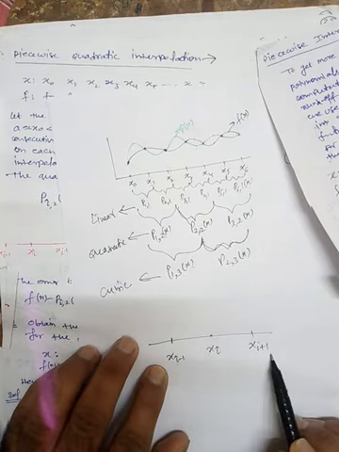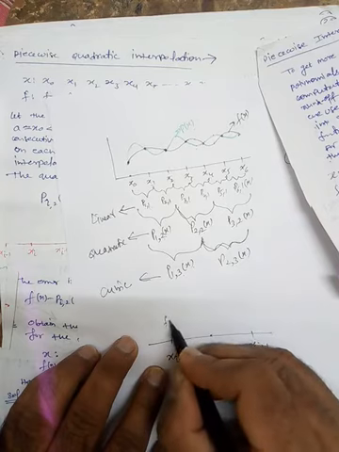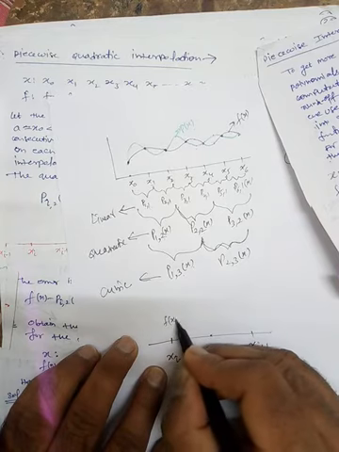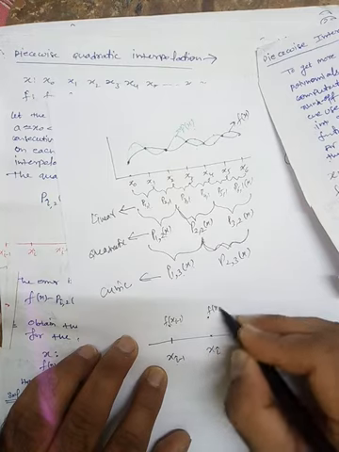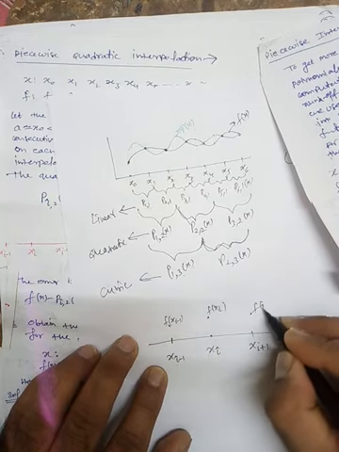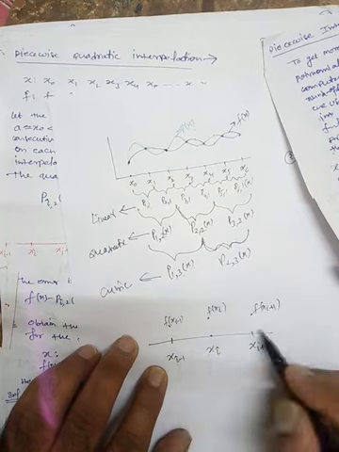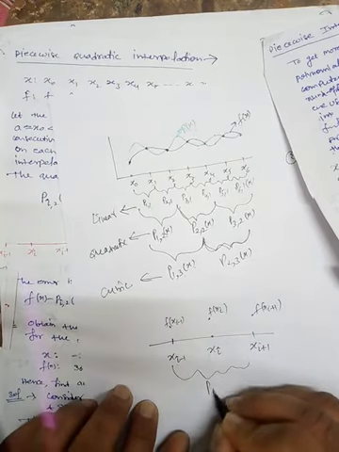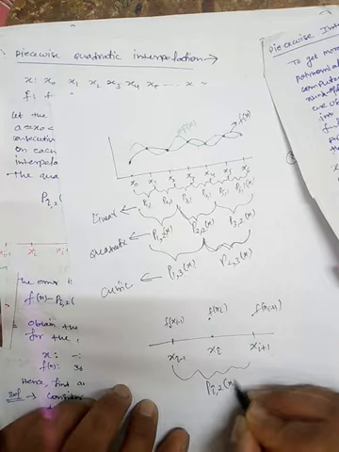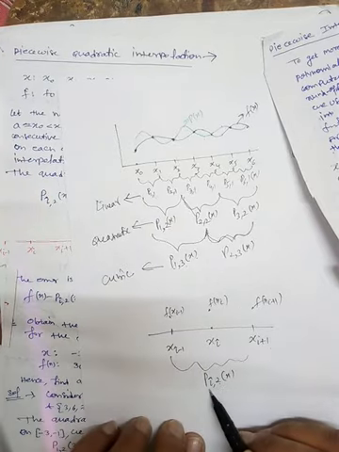So we have 3 data points. The corresponding values are f of x(i minus 1), here we have f of xi, and here we have f of x(i plus 1). So we are joining this polynomial, and denoting it as P(i,2). This 2 represents the degree and i is the number.